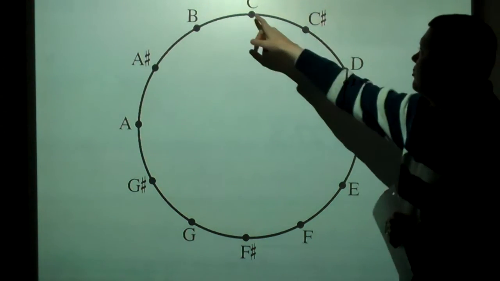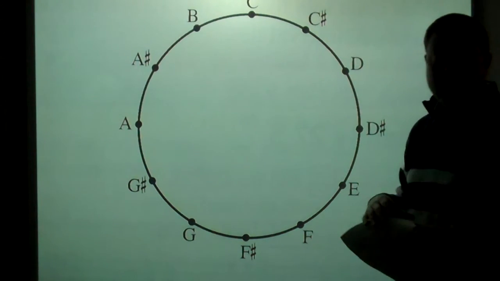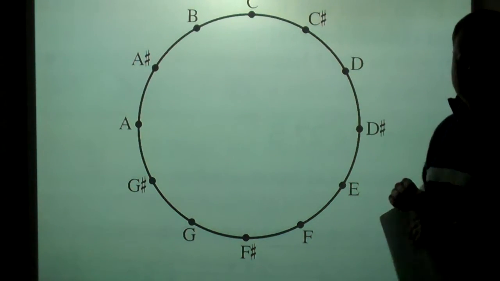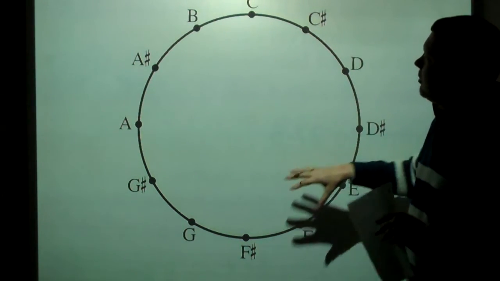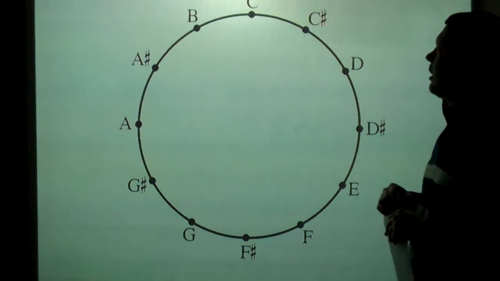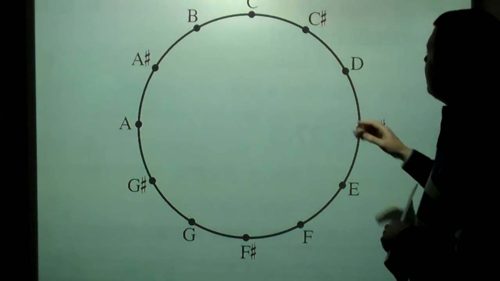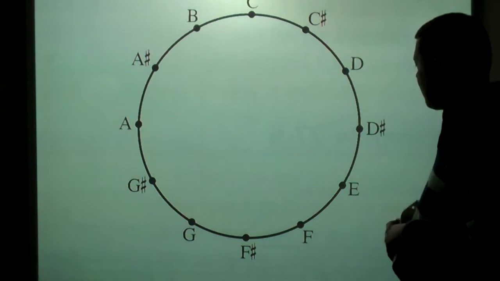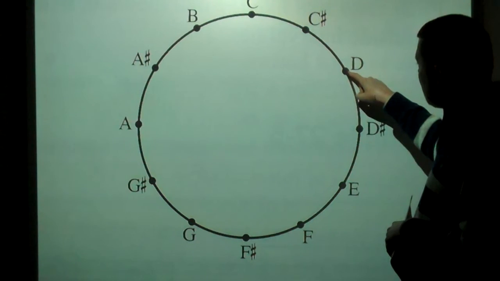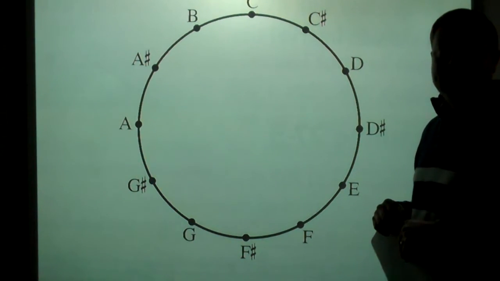C to D is 2 half steps from C, going clockwise around the circle. So that's why D is pitch class 2, and so on and so forth. So they're all divided and kind of dispersed around this circle in semitones, or half steps. Okay. So that means we know, for instance, that the distance from E to F is 1 half step, and the distance from D to F sharp is 1, 2, 3, 4 half steps, etc., etc.